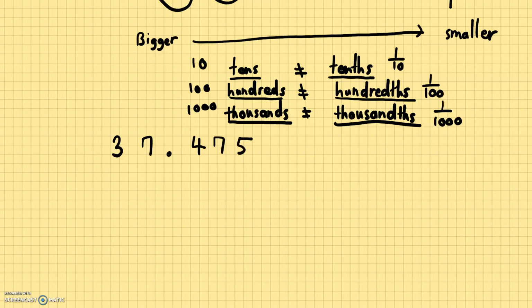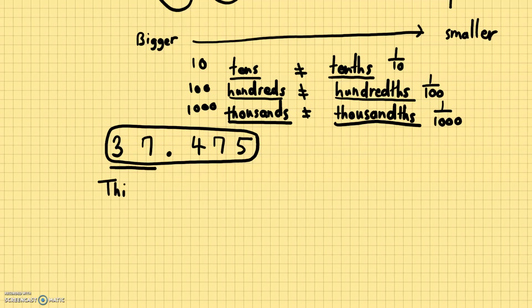Okay, let's say we have a decimal number like this, and we want to read it. The whole number part, you already know how to do that. That's 37. And when you see a decimal point, you just say point. That means that there's a decimal point there.